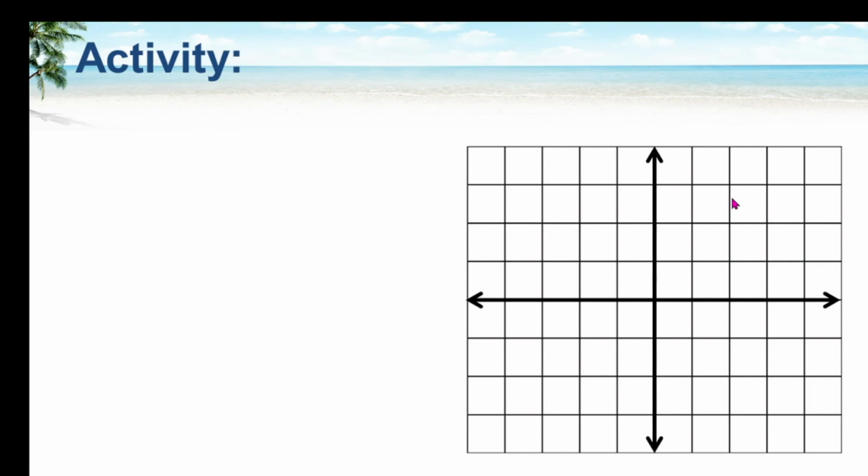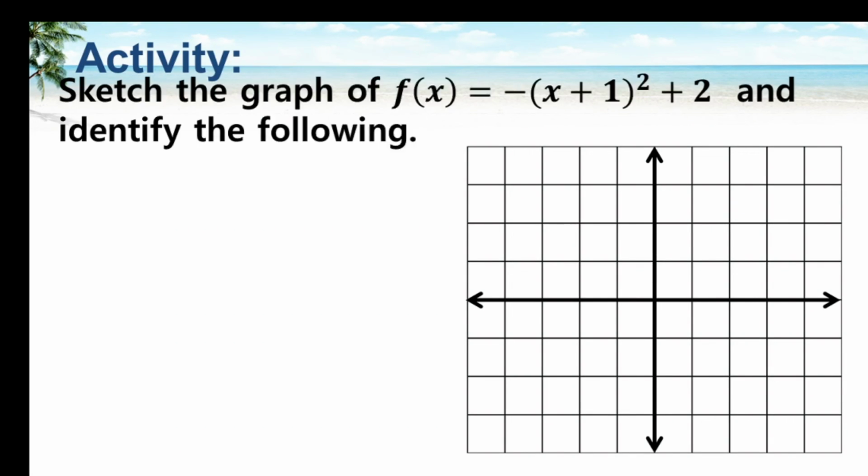Now let us go to the following activity. Sketch the graph of f of x is equal to the negative square of the sum of x and 1 plus 2 and identify the following. Vertex. What is the coordinate of the vertex? Yes, the coordinate of the vertex is negative 1 and 2.